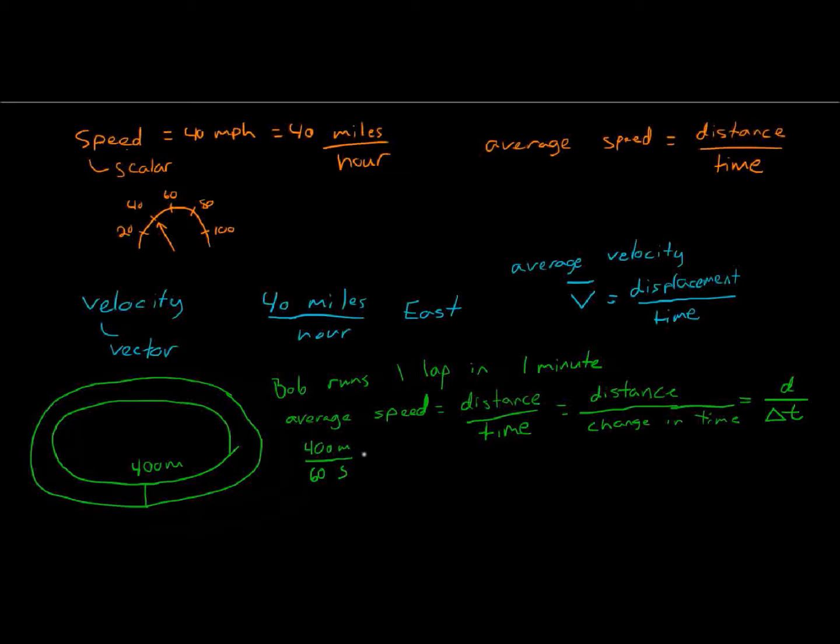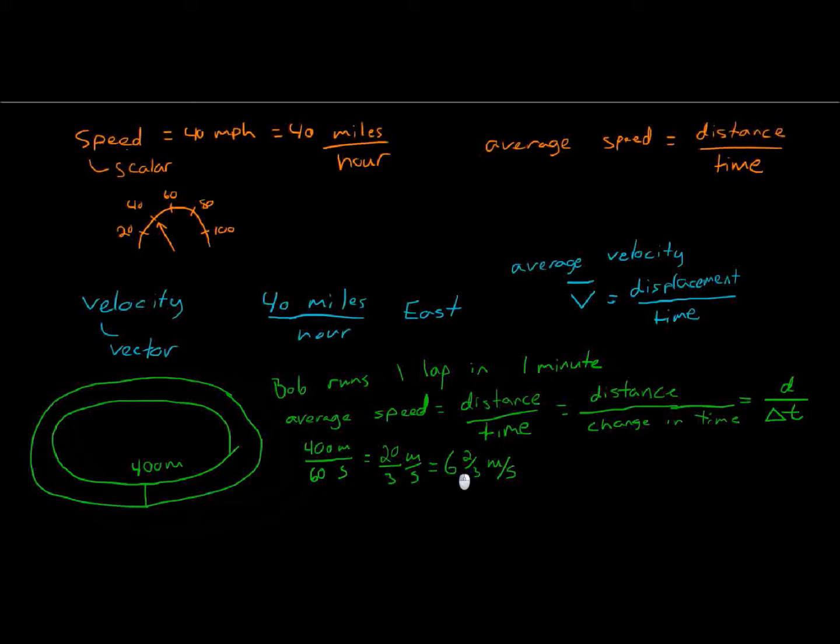So 400 divided by 60 is 40 over 6 is 20 over 3 meters per second, which is 6 2/3 meters per second. So that means that for every second that elapses, Bob runs 6 2/3 meters, and that's pretty fast.